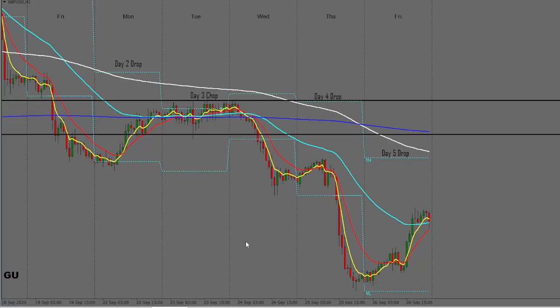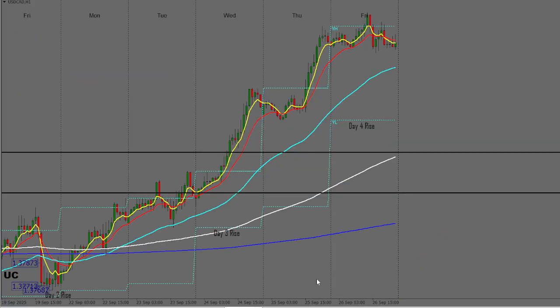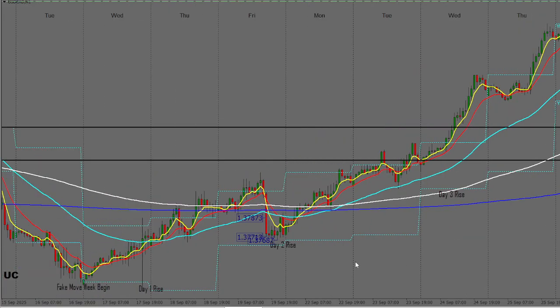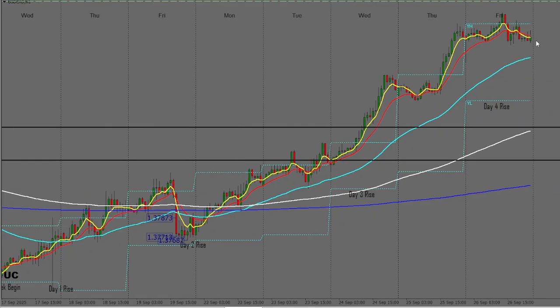To the next pair, which is USD CAD. USD CAD is wonderful, because if you watched my previous video, I did mention what he was going to do, and he did exactly that. This was last week Friday. Here he came down, W, and can you see from the opening of the week until the close of the week, he only rose, and I predicted that.